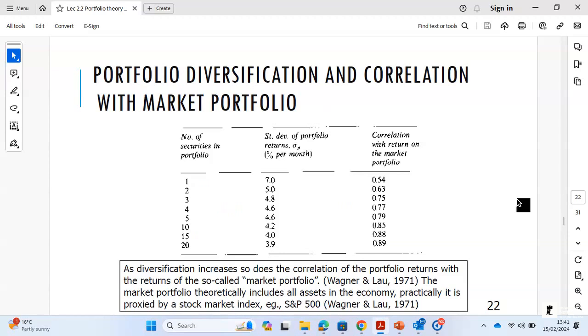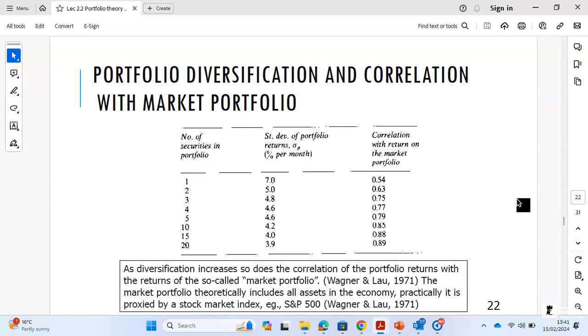Good. So, portfolio diversification and correlation with the market portfolio. From the graph, what have we learned? As we add more securities to our portfolio, our risk goes down. On the first column, we have the number of securities in the portfolio.